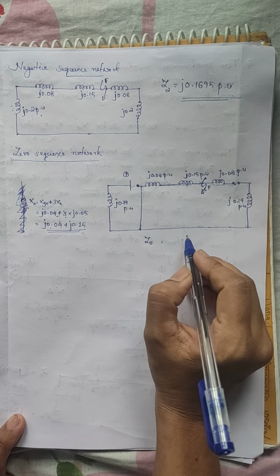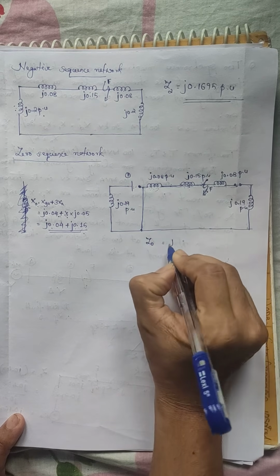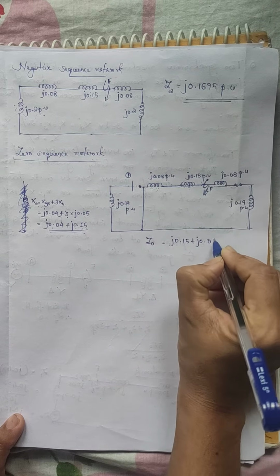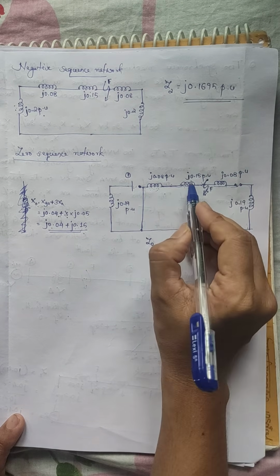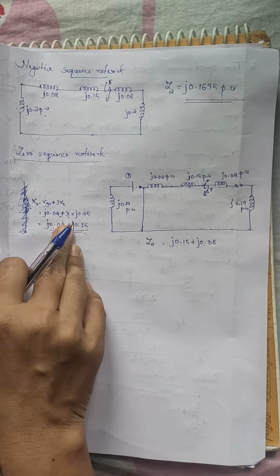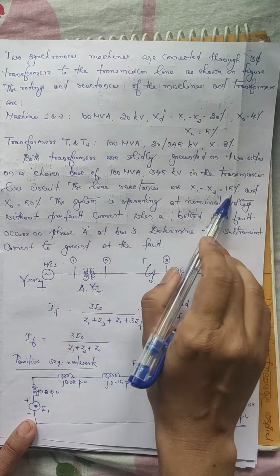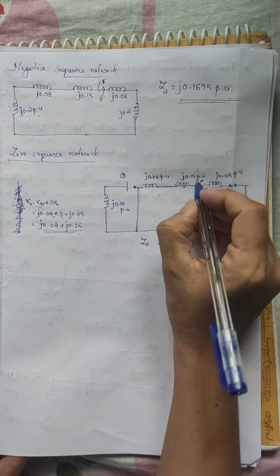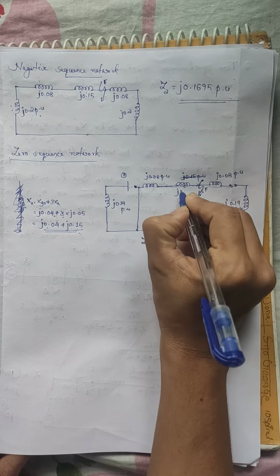So only these two reactances are there in the equivalent zero sequence network, and Z0 can be written as J0.15 plus J0.08. Note that the J0.15 is for the transmission line; for the transmission line, the zero sequence reactance is 50%, so that is J0.5 per unit.